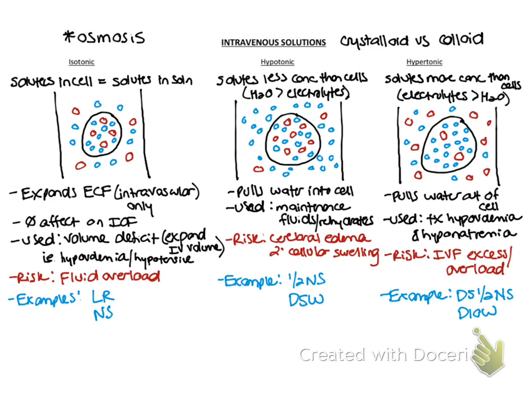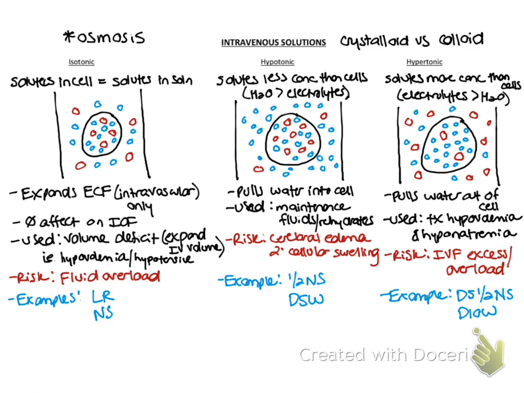D10 is considered hypertonic because only about 5% of the glucose gets eaten up. That one's kind of confusing. So with D10, I end up with basically D5 in the body. That's why it's hypertonic. If that was the case, would you take a glucose reading on that patient? You could, yeah.